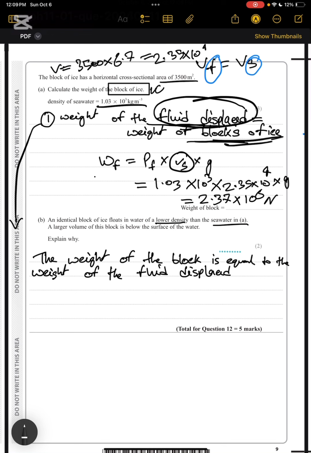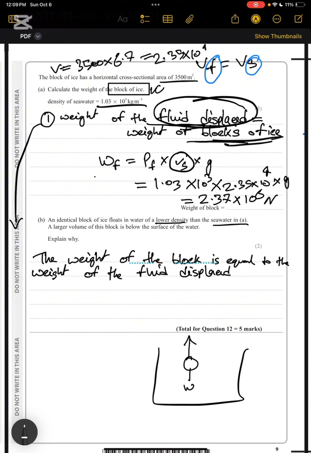And we all know, as the ball has been immersed into the beaker, the ball has its own weight, right? And there is an upthrust force acting on the ball upward. As the ball is in equilibrium, the upthrust must be equal to the weight.